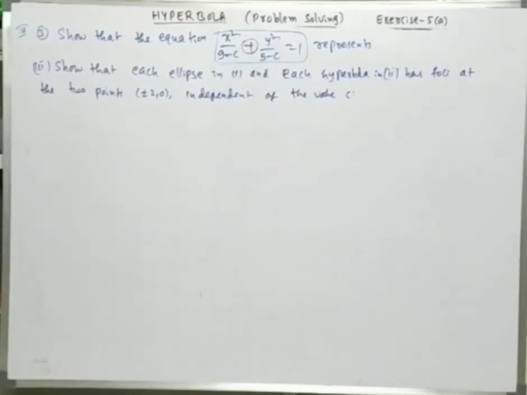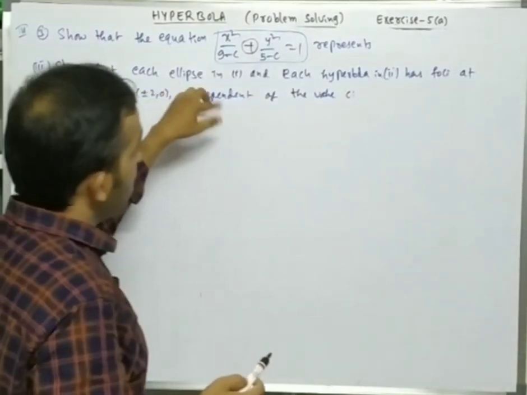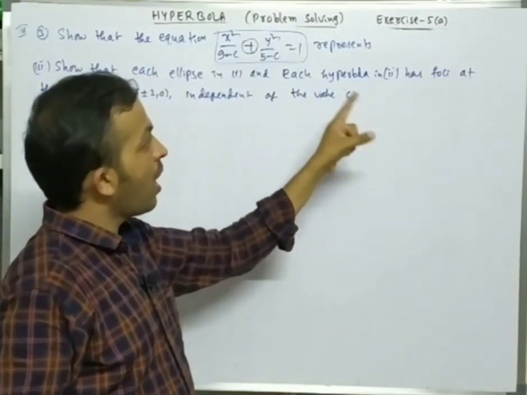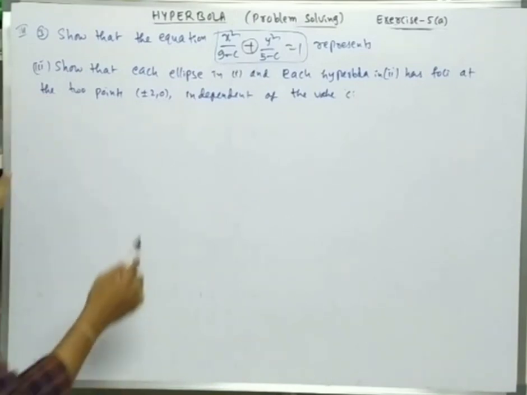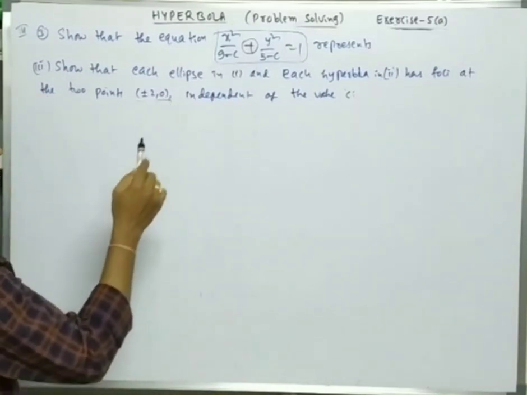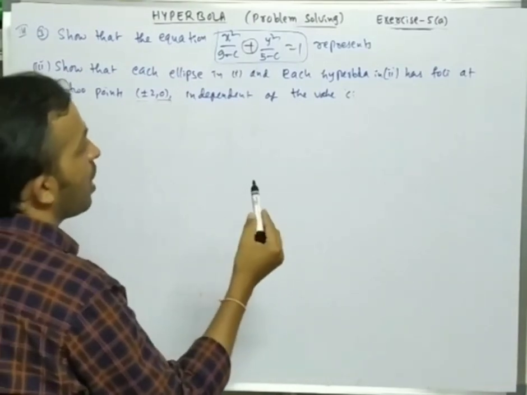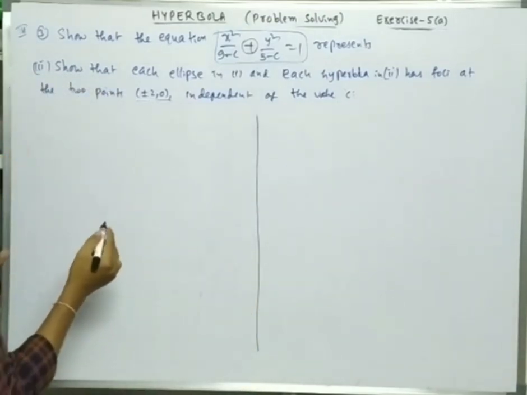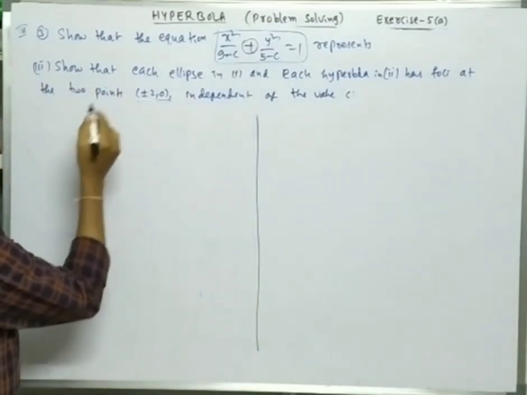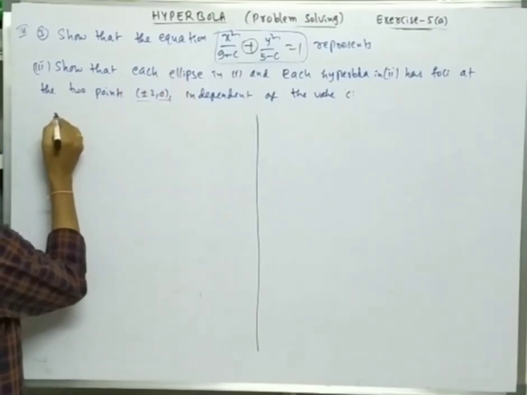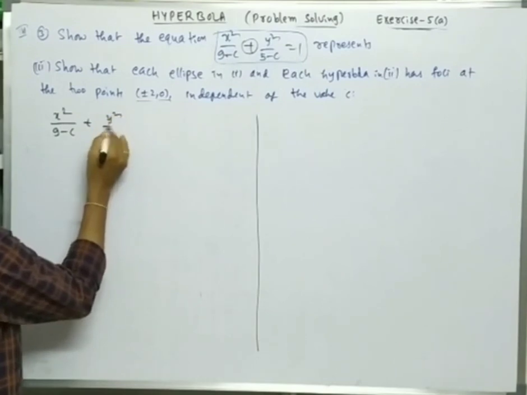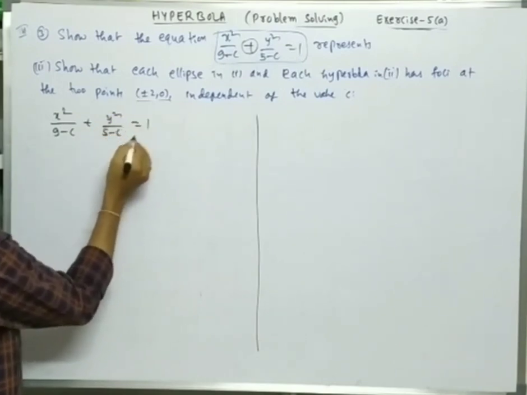Continuation of this problem. Show that each ellipse in the previous first case and each hyperbola in the second case has foci at the two points plus or minus 2, 0, which is independent of the value c. So in both cases I am going to find the foci. In the first case it is an ellipse, x square by 9 minus c plus y square by 5 minus c is equal to 1.